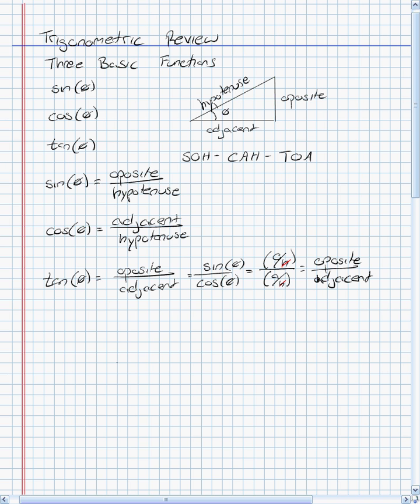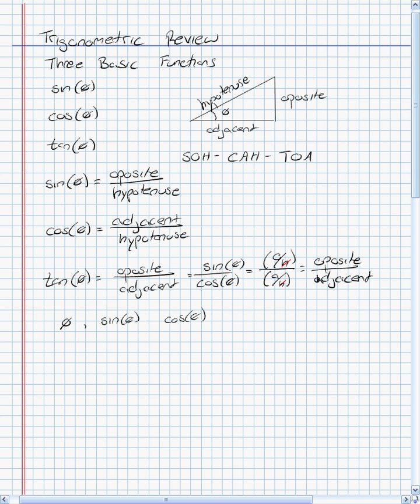Now what we're going to try to do is relate the angle theta to the ratio of either adjacent over opposite, adjacent over hypotenuse, and so on. So we need to figure out what the value of sine theta and cosine theta is if we know what the value of the angle theta is.